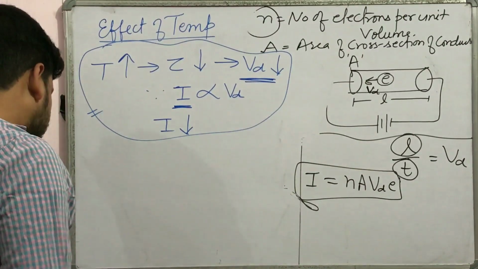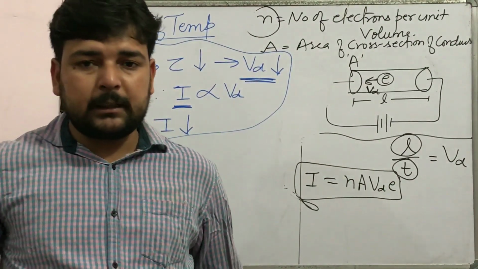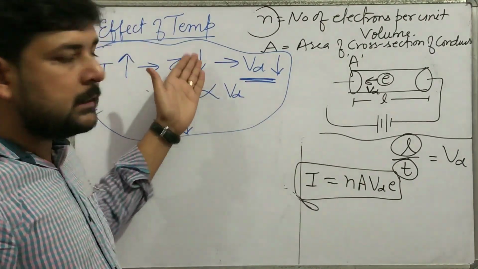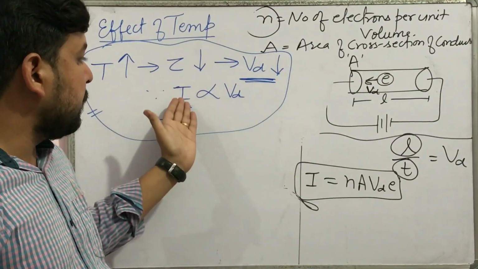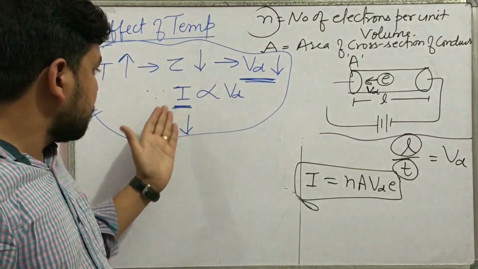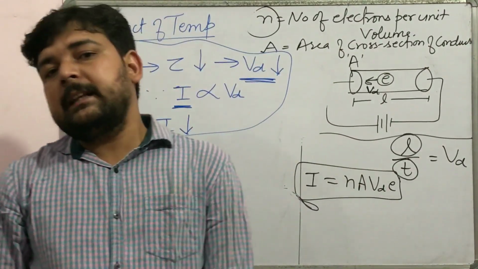That is, when the temperature of a conductor increases, then relaxation time decreases, drift velocity decreases, and current was proportional to drift velocity, so I also decreases. That will happen only in the case of conductors.